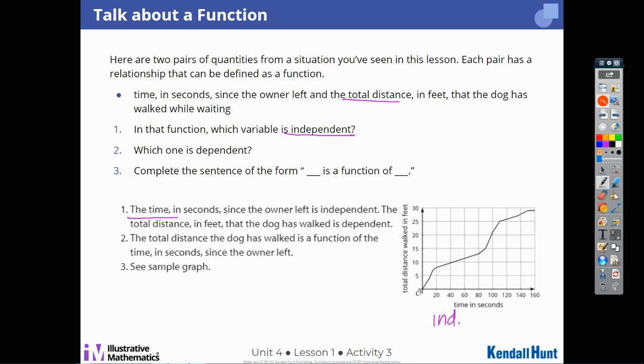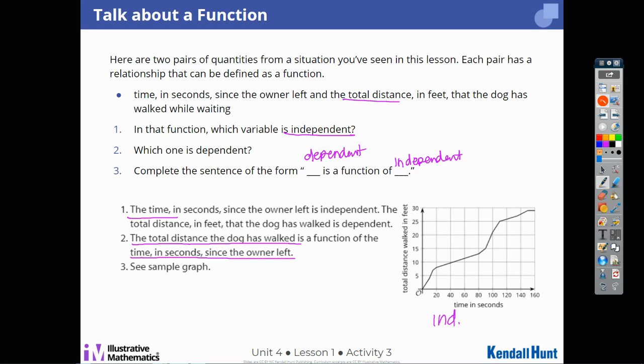So if we're completing a sentence, your dependent variable is a function of your independent variable. We would say the total distance that the dog has walked is a function of the time in seconds since the owner left.